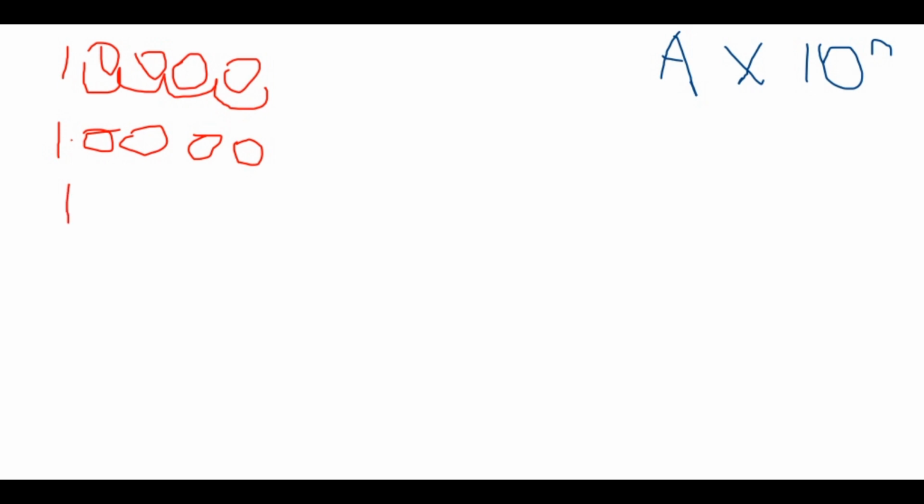And to put it in our normal standard form format, we're going to have 1 times 10 to the power of the number of steps moved, which is 4 steps. So it will be 1 times 10 to the power of 4. So this is your answer.